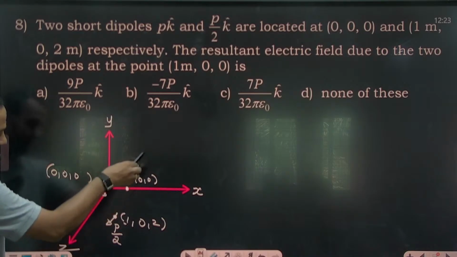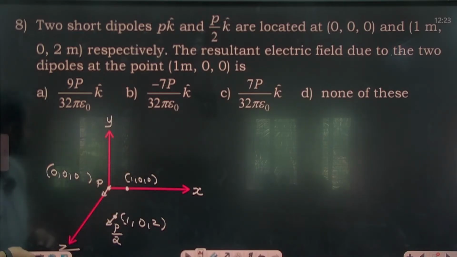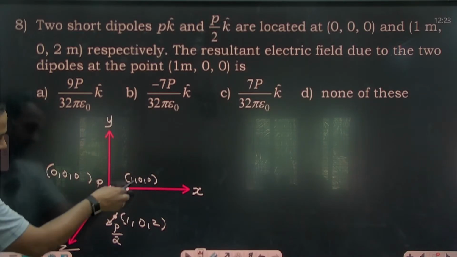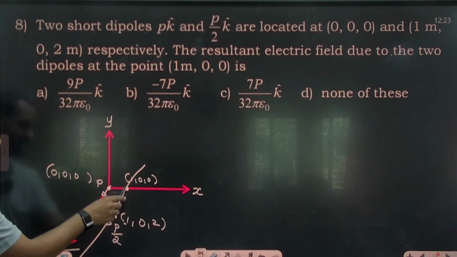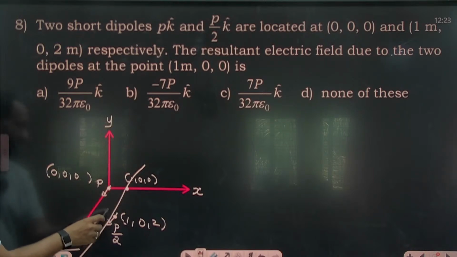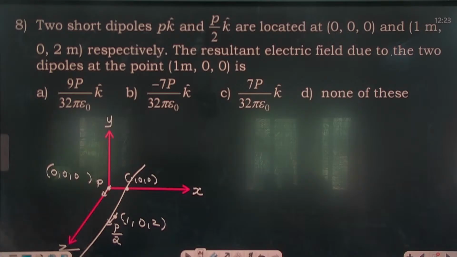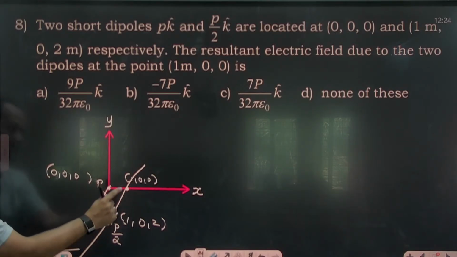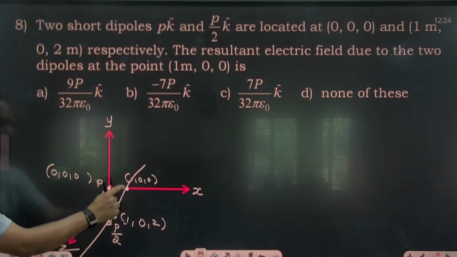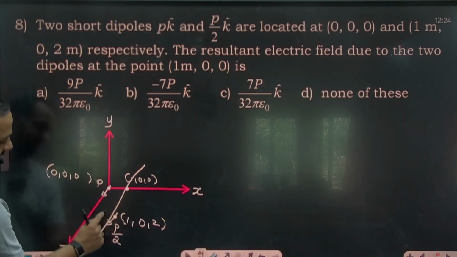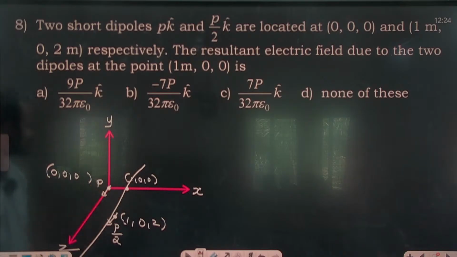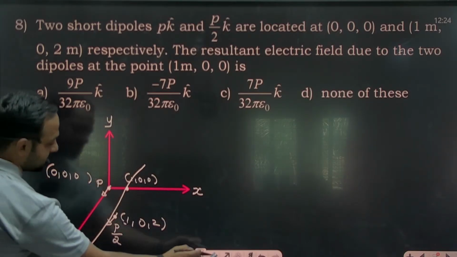If you draw a line x is equal to 1, both of them will lie on the same x is equal to 1 line. So if it is lying on the same line, the point becomes an axial point for that dipole. Yes. Okay.